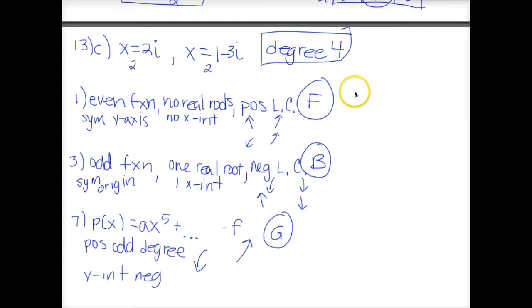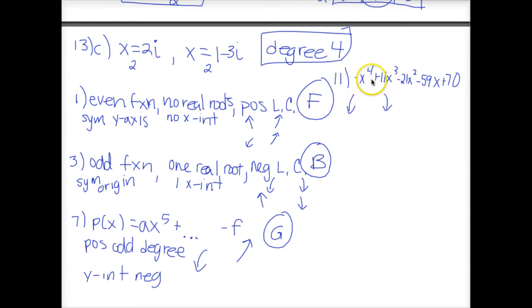When you look at the original function, which was negative x to the 4th plus 11x cubed minus 21x squared minus 59x plus 70, the unfactored version tells us the end behavior. Since this is a negative leading coefficient and an even degree, I know my end behavior looks like this.